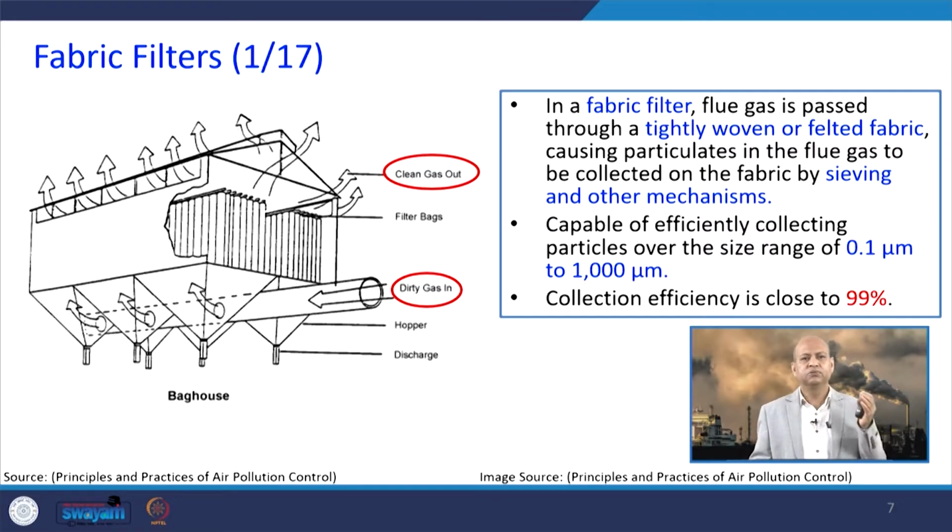These are capable of efficiently collecting particles over the size range of 0.1 micrometer to 1000 micrometer. So, a very good range is there for fabric filters. They are very good devices to capture very small particles and even large particles. And the collection efficiency is also very high, like 99% of the particles can get collected by these fabric filters.